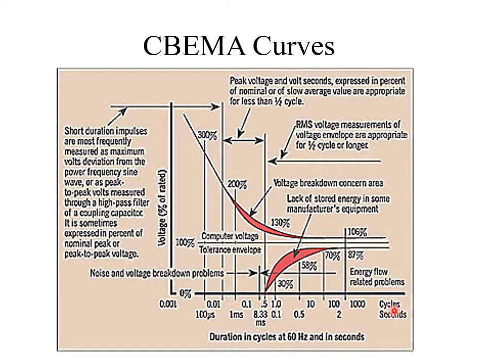So it is represented in cycles as well as in seconds: 100 microseconds, 1 millisecond, 8 milliseconds, 0.1 seconds, 0.5 seconds, then 2 seconds. Both representations have been captured here.